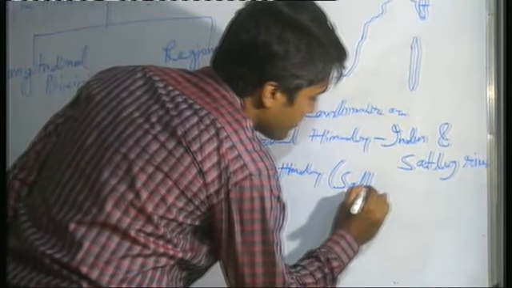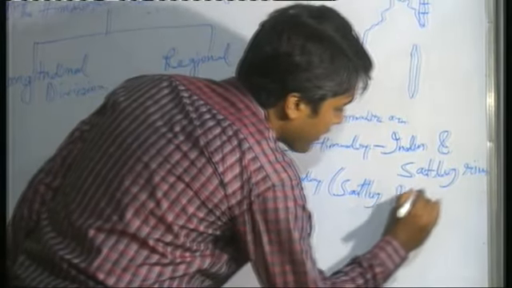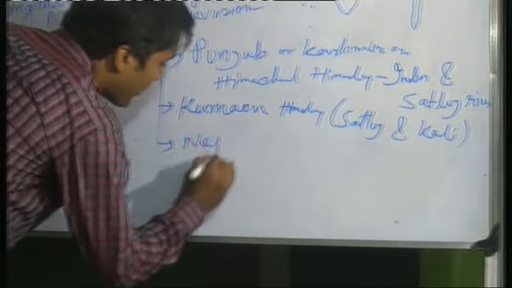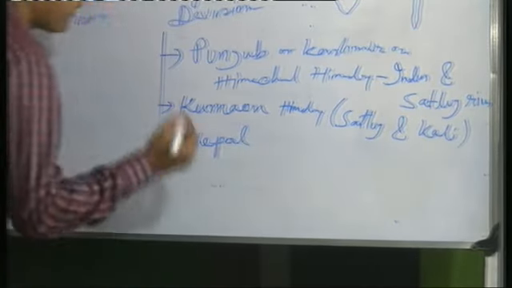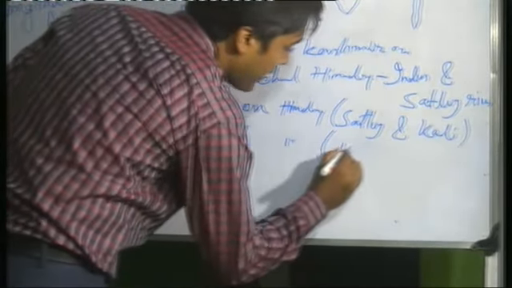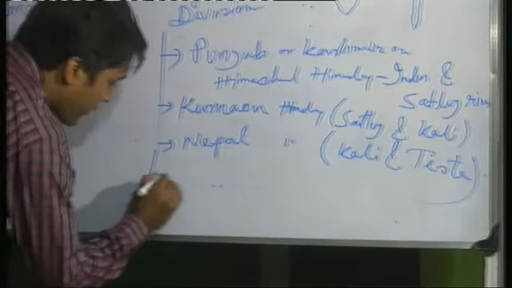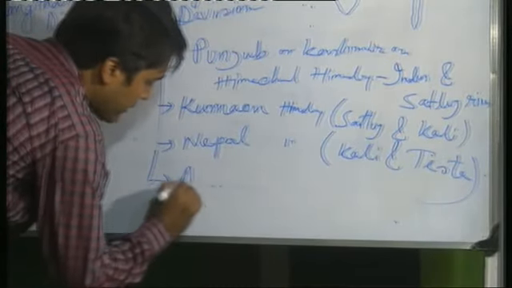Satluj and Kali. Then Nepal Himalaya. It is outside of our country. Nepal Himalaya lies between the Kali and Tista rivers. Now another part is the Assam Himalaya.